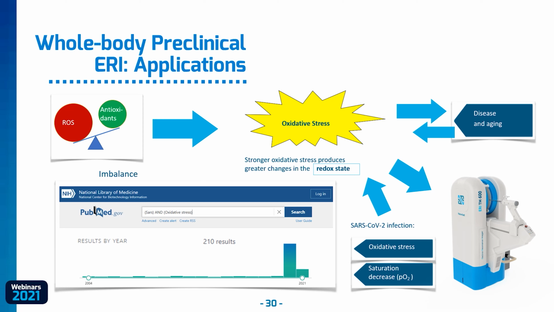What is important: the stronger the oxidative stress, the greater the change in the redox state. An interesting fact is that recent publications indicate that oxidative stress plays an important role in SARS-CoV-2 infections.